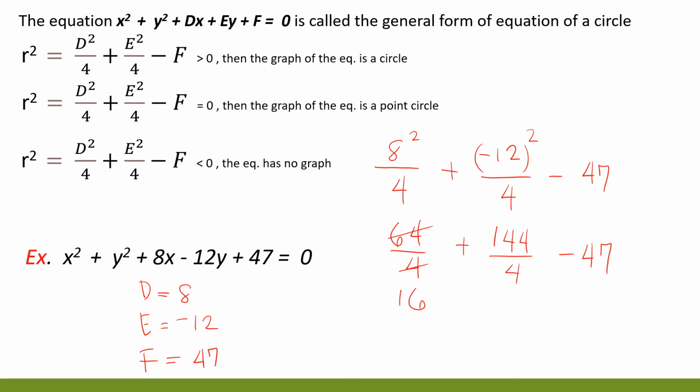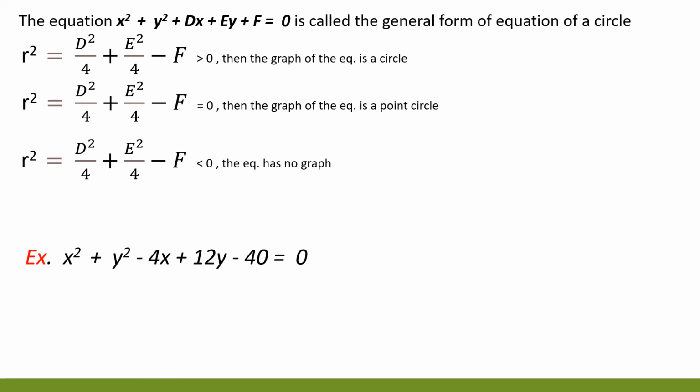Right? While 144 divided by 4 is 36. And then minus 47. 16 plus 36, of course, is 52. And 52 minus 47, of course, is equal to 5. And basically, we know that 5 is greater than 0. That means the graph of this equation is a circle.